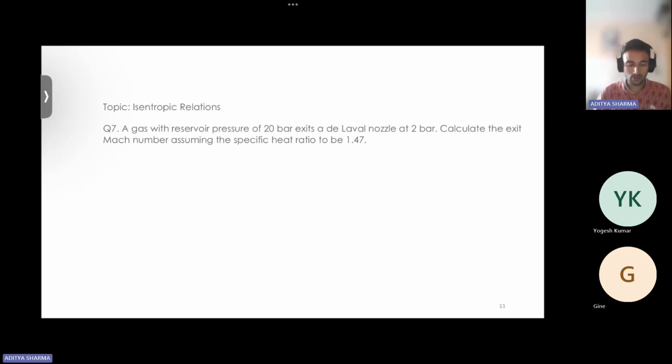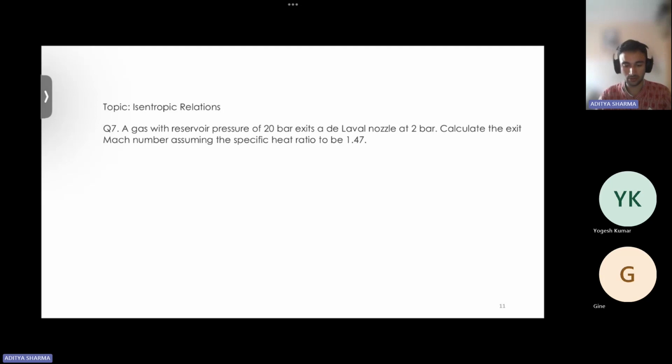Then the next question we need to work out. Gas with reservoir pressure of 20 bar exits a de Laval nozzle at 2 bar. Calculate the exit Mach number assuming the specific heat ratio to be 1.47.